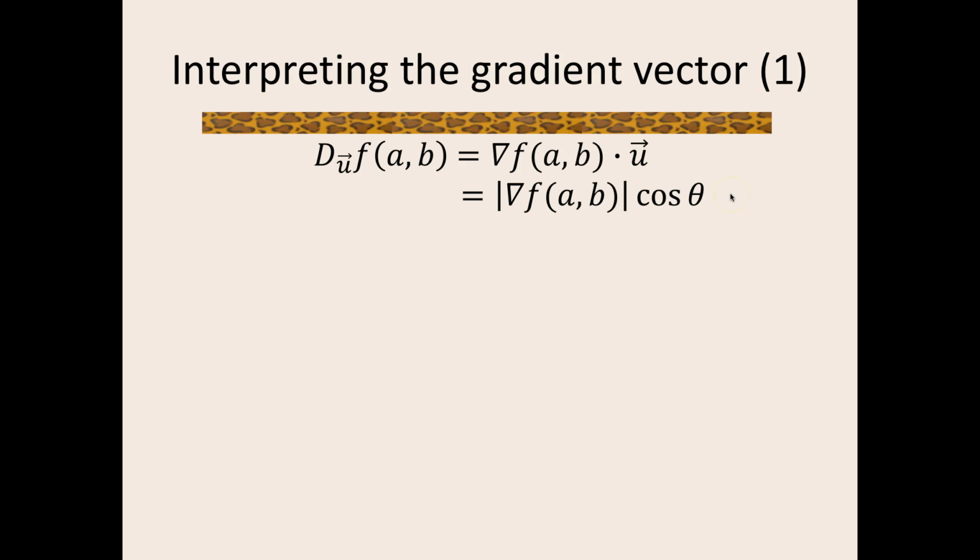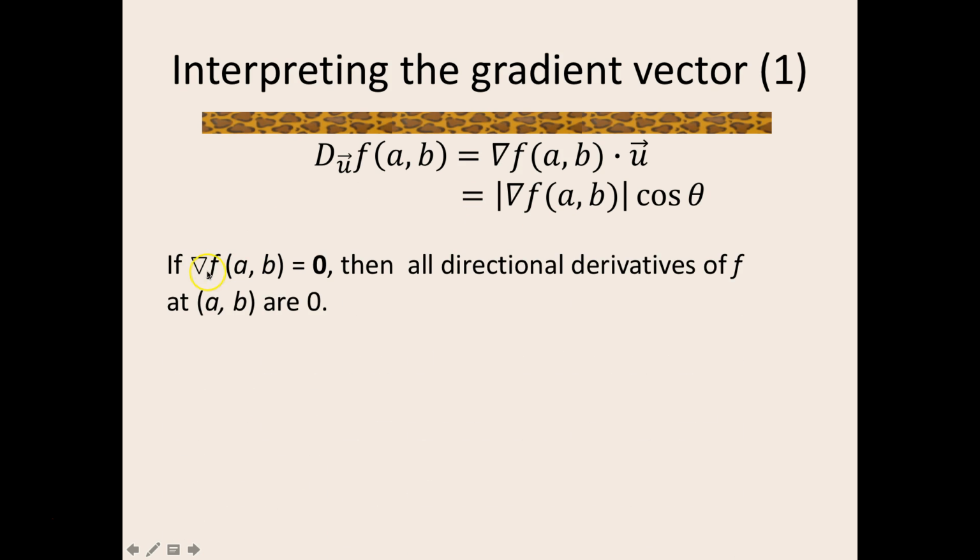Okay, well, one thing we want to know is when would this directional derivative equal 0? And there are 2 ways it could happen. One way is if the gradient vector is actually the 0 vector, so it has a magnitude of 0. So if the gradient vector is the 0 vector, then all directional derivatives of the function at that point will be 0 because, of course, this term would be 0.